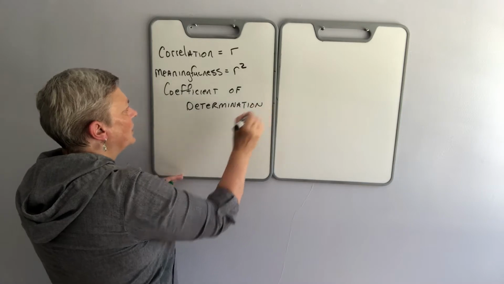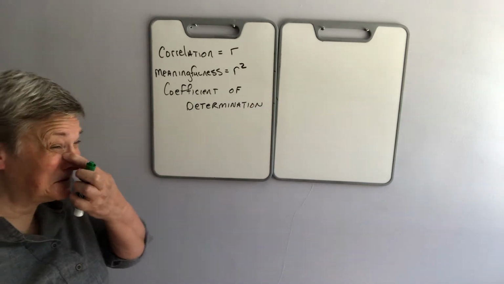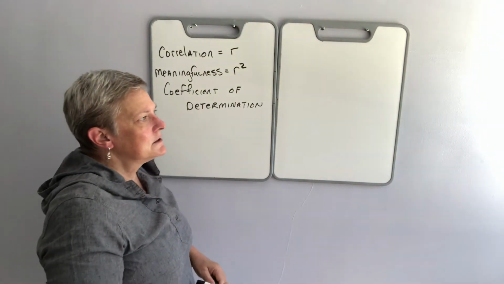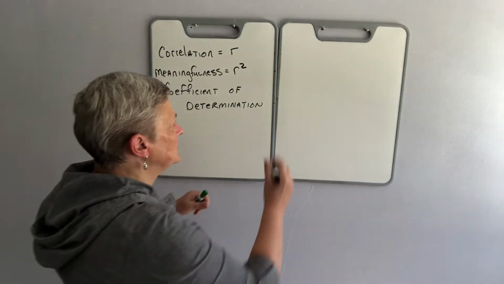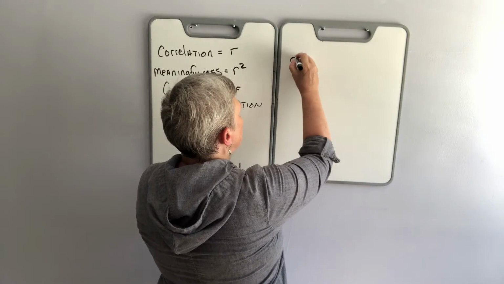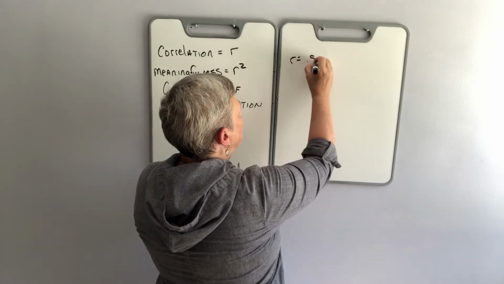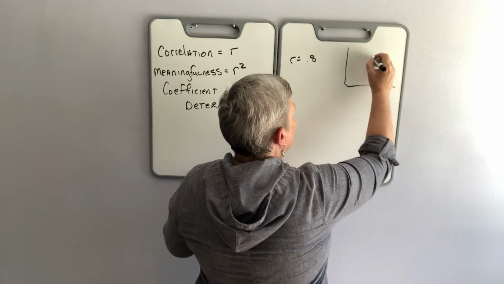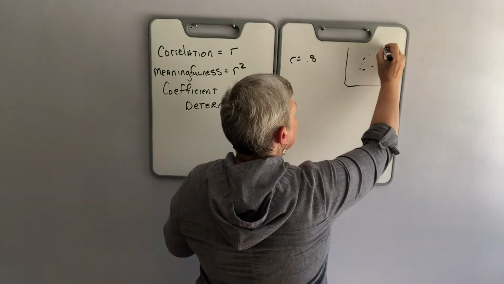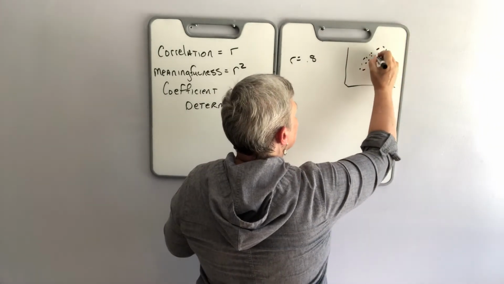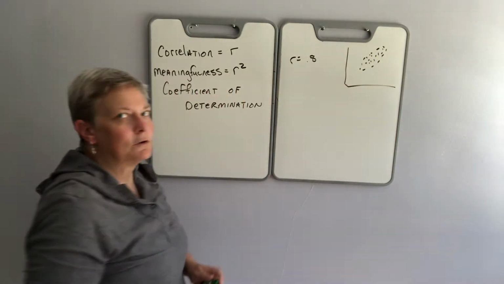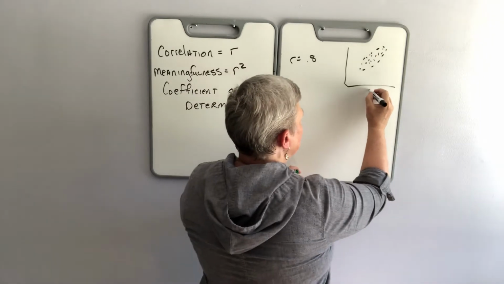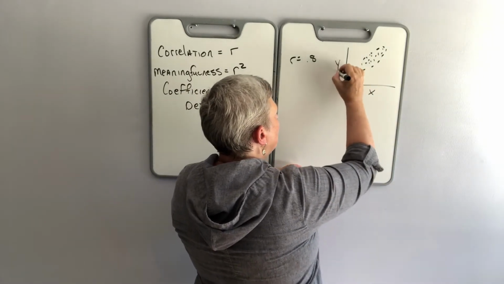It has a couple of other names, but when you see it in the literature, it's usually written as meaningfulness. So let's just say I have a correlation equal to positive 0.8. You remember that looks something like this. I have an x variable and a y variable.